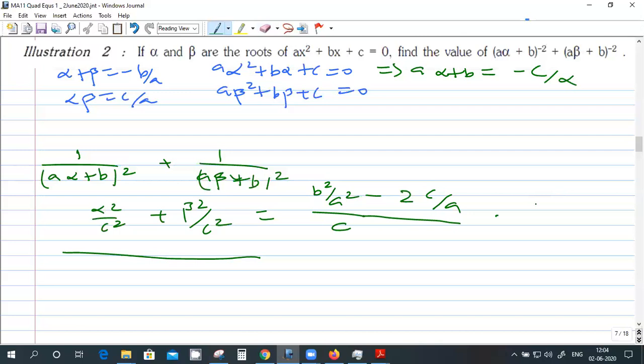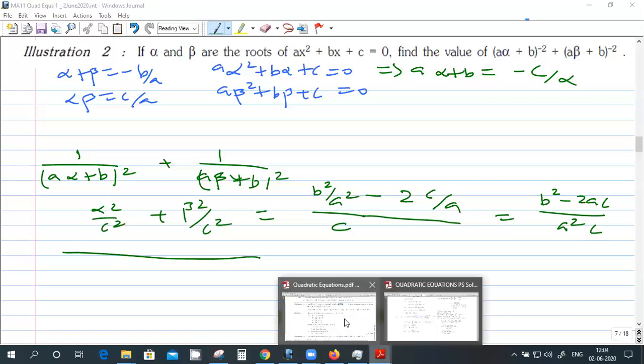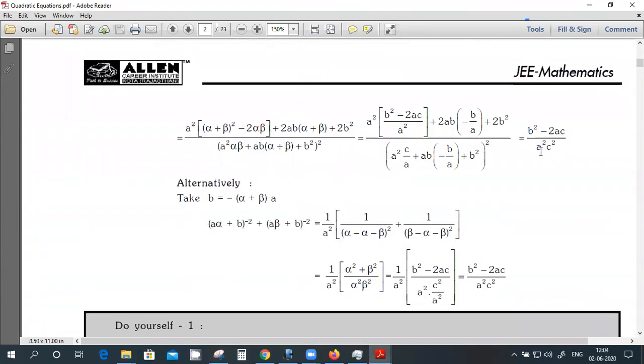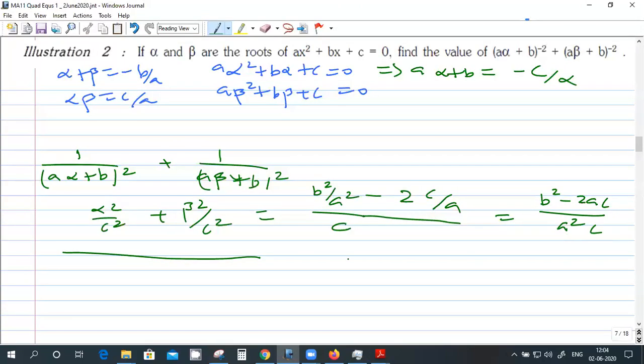So this is B square minus 2AC by A square C square. Is that right? Yes, sir. Yeah, this is the key step. You have to use this one, otherwise it will be difficult.